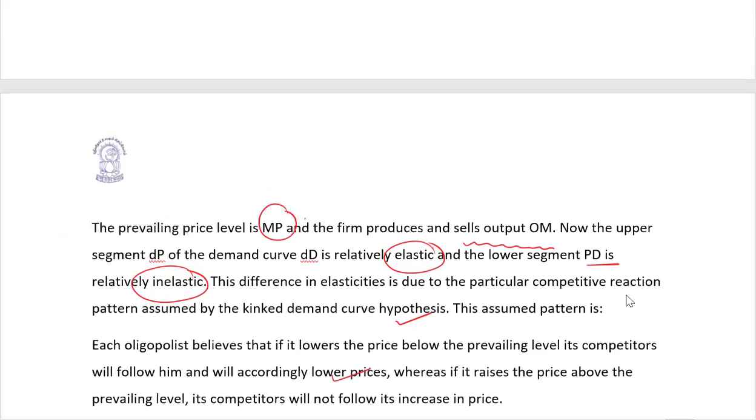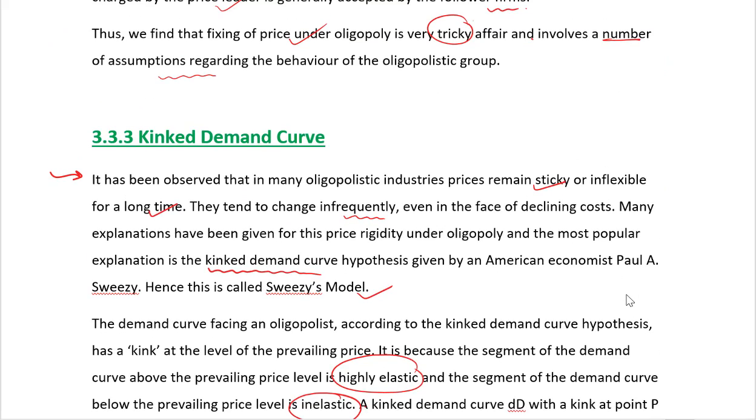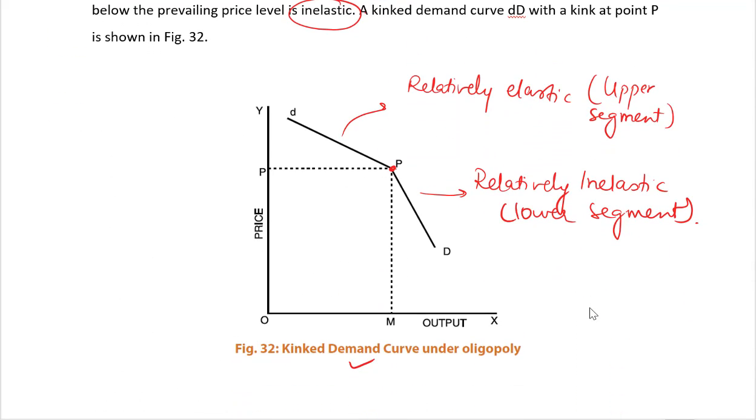We have just seen a new concept, the kinked demand curve, which is also known as Sweezy's model because it was given by the American economist Paul A. Sweezy. This is a kinked demand curve under oligopoly. So there are two segments, an upper segment and a lower segment.